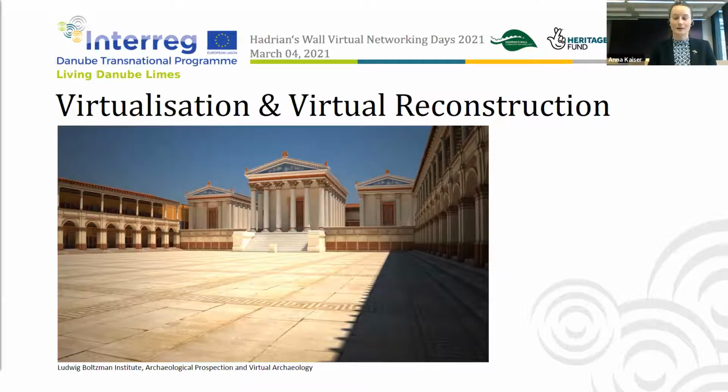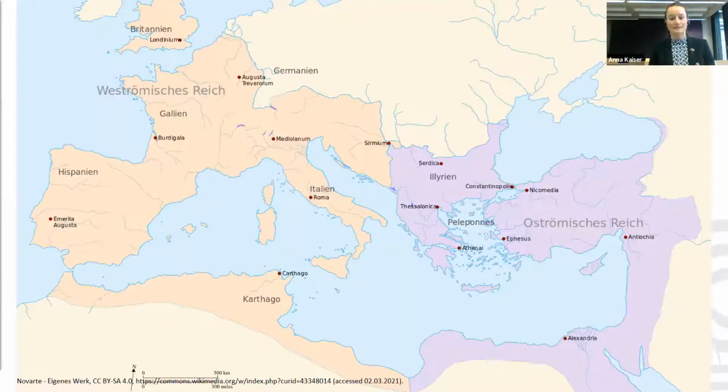One other thing that makes the Danube Limes and the Roman frontier and the Danube provinces so special, at least in our project, where we span the whole area from Germany to the Black Sea and we'd like to span the whole Roman times, is that the western part of the Danube in late antiquity was part of the Western Roman Empire, whereas the eastern part belonged to the Eastern Roman Empire.